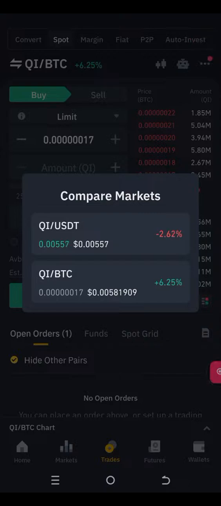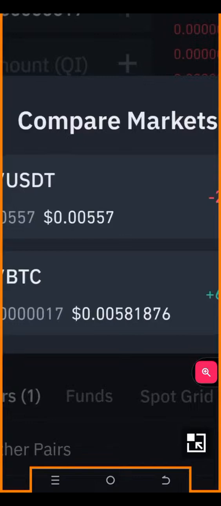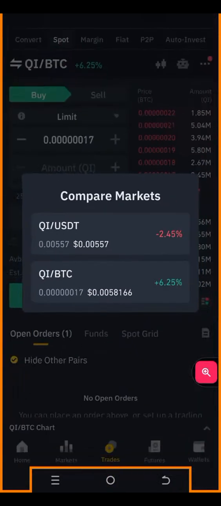Taking a good look at this, let me magnify this for you to see. You'll see that QI BTC is 058, while QI USDT is 0055. So obviously we know that the cheaper one is USDT. So we're going to start with that.